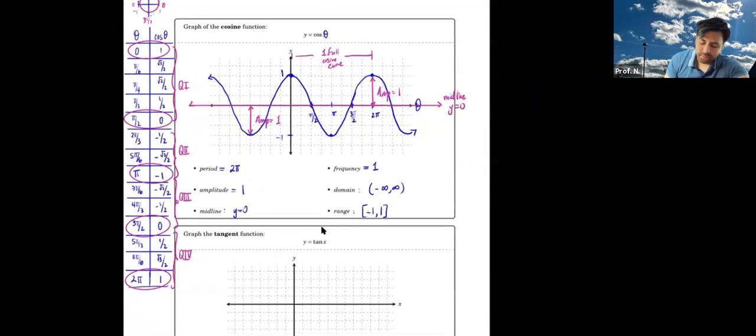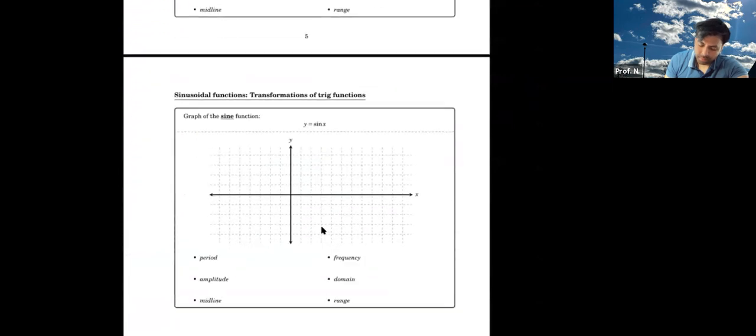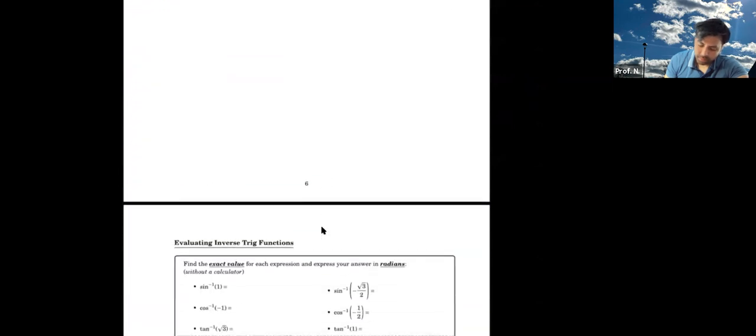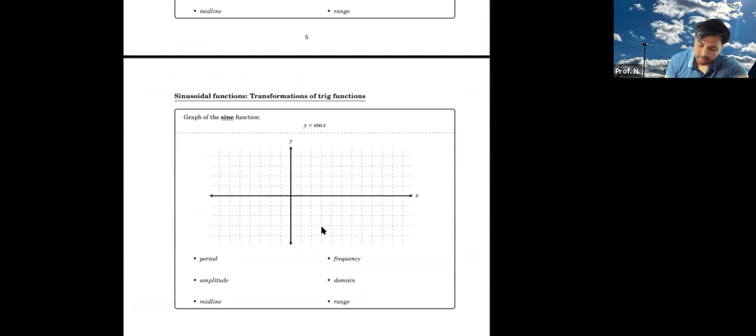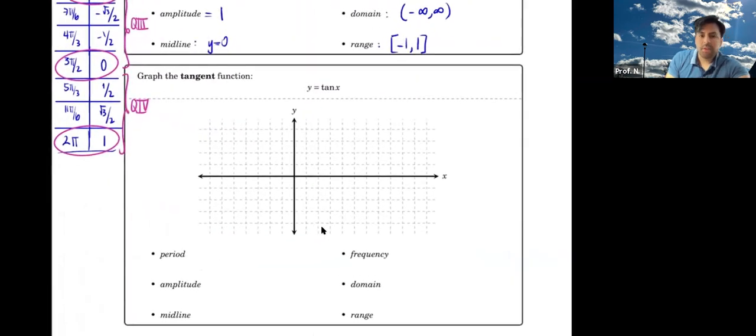Now let's talk about tangent. So what's up with tangent? Now, tangent is very different from sine and cosine because tangent represents what?